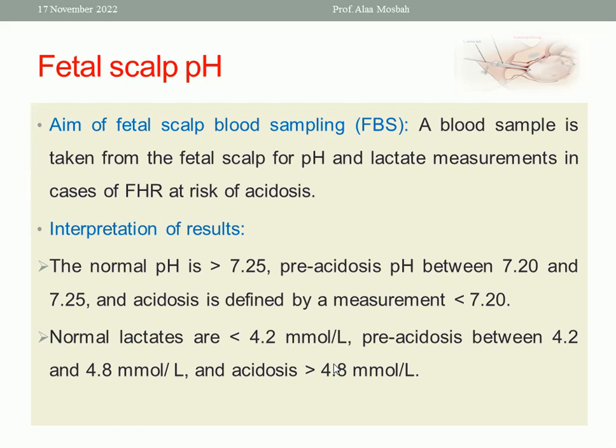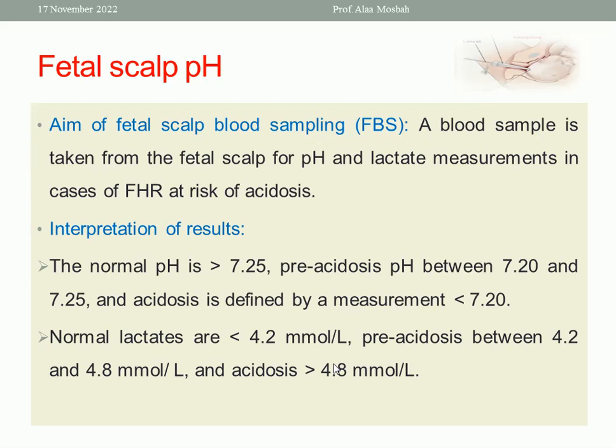What is the normal for pH? Should be more than 7.25. Pre-acidosis pH between 7.20 and 7.25.